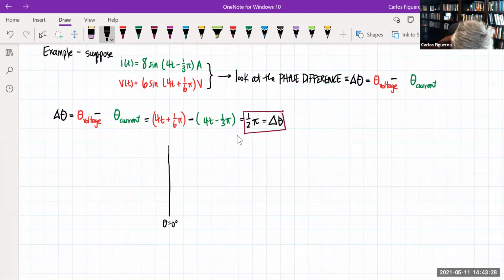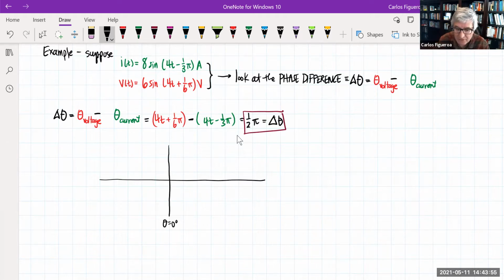Let's say that this is my axis. It's not okay to compare current and voltage on the same graph because they have different units. So we're not really interested in getting the right amplitude, because that doesn't make any sense. So I'm going to draw them the same value here.